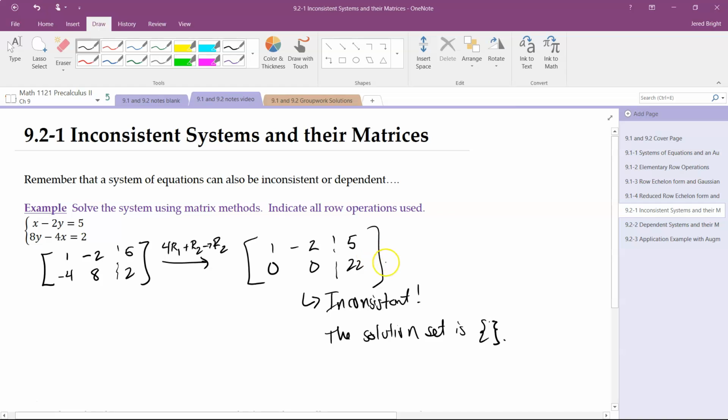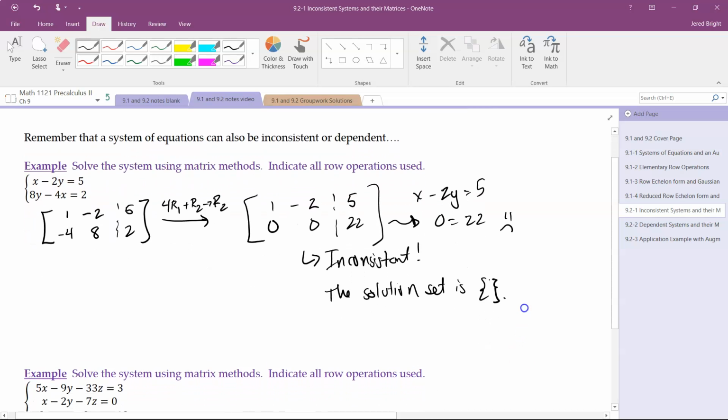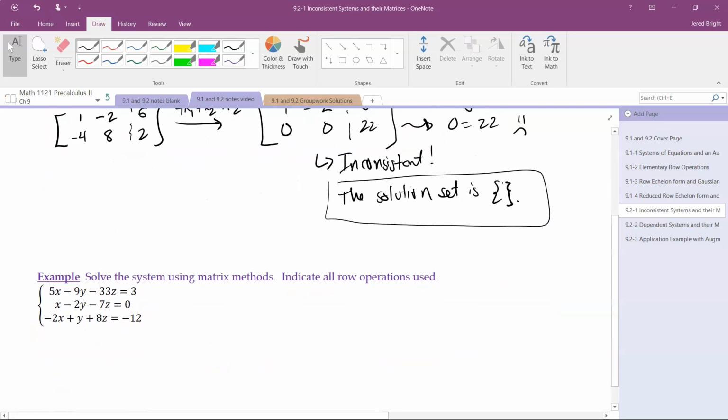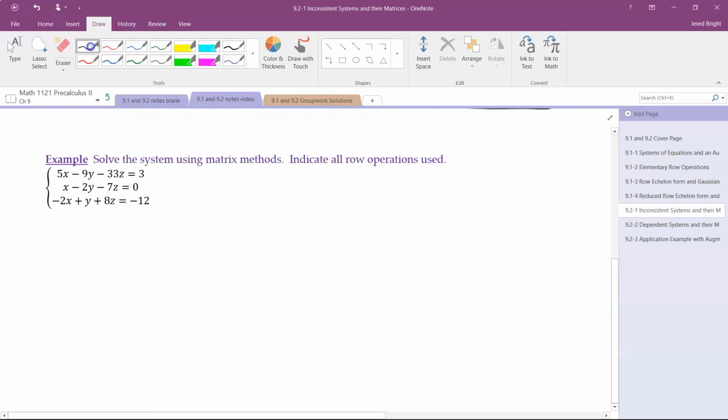If you wanted to translate this back, it'd be 0 is equal to 22, and then we cry, and we also have x minus 2y is equal to 5. You can write that out, but I wouldn't, because it's a waste of time and energy. So we have an example of an empty set, and all right, let's get this one started.